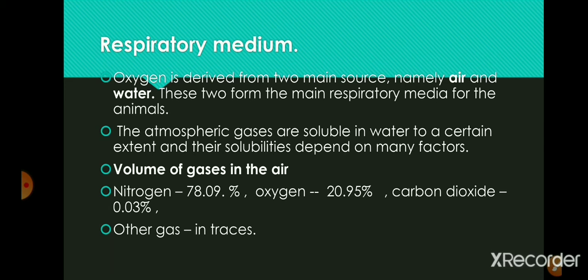Muscular as well as other types of activity increase oxygen consumption in an animal. For example, in man during exercise the oxygen consumption increases 20 to 50 times over the resting volume. Oxygen consumption also depends on sex, temperature and metabolic rate of animals.